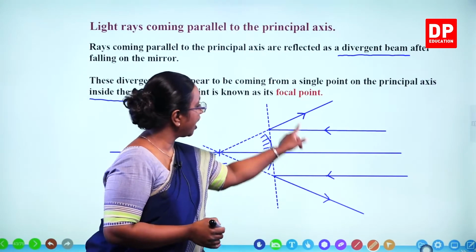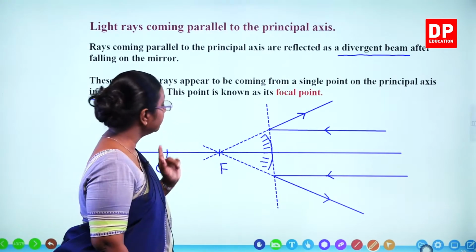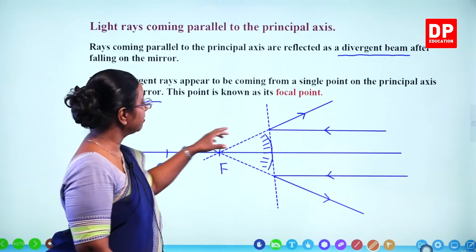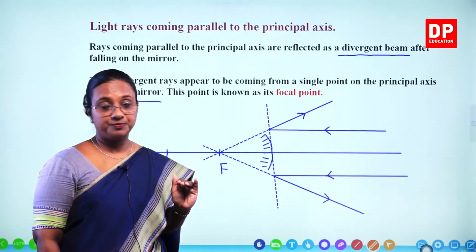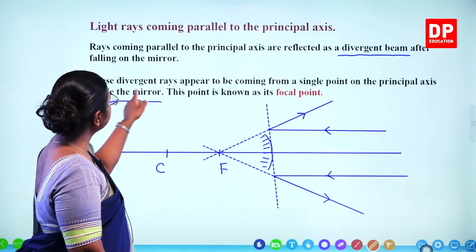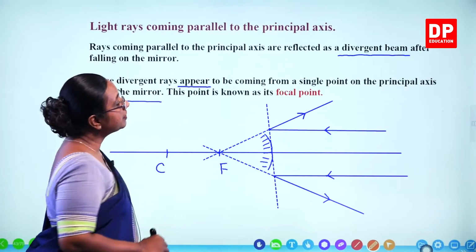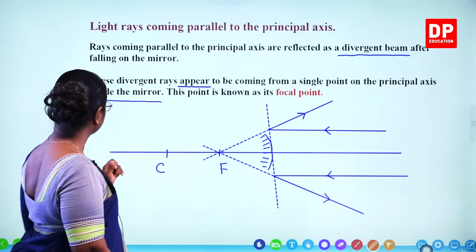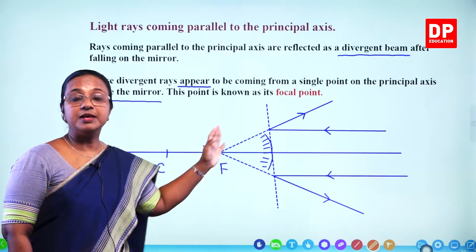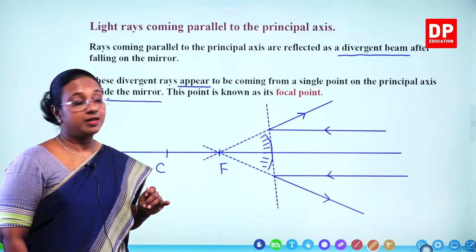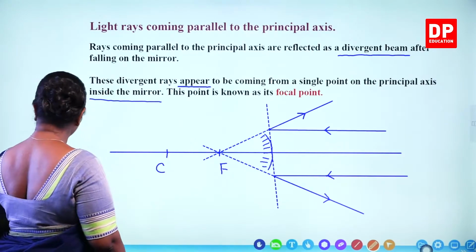So, these two are part of the divergent beam, and this is the focal point from which it looks as if the rays are coming. So, here you can see these divergent rays appear to be coming from a single point on the principal axis inside the mirror. So, this is different from the concave mirror. With that, I will move on to the next type of beam.